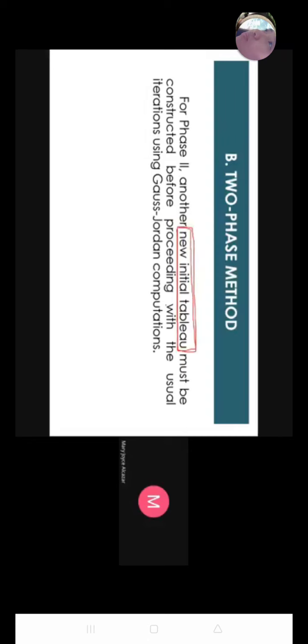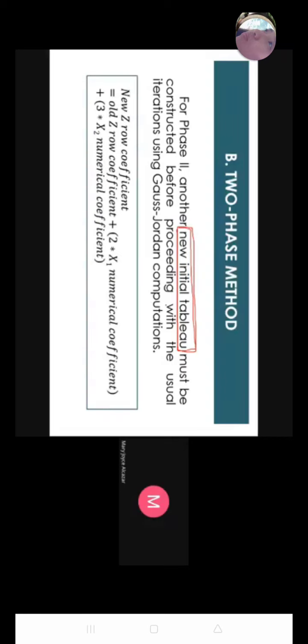After the initial tableau, you need to create a new initial tableau in the Big M or in the two-phase method. So in the new initial tableau for phase 2, the new z coefficient is equal to the old z coefficient plus 2 times the x1 numerical coefficient plus 3 times the x2 numerical coefficient.